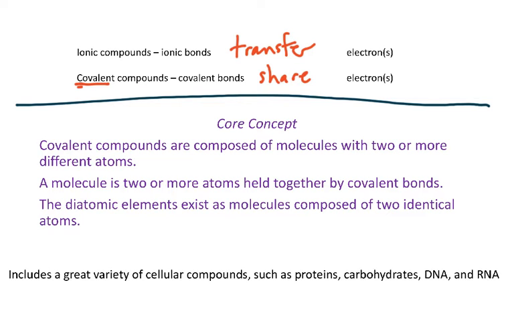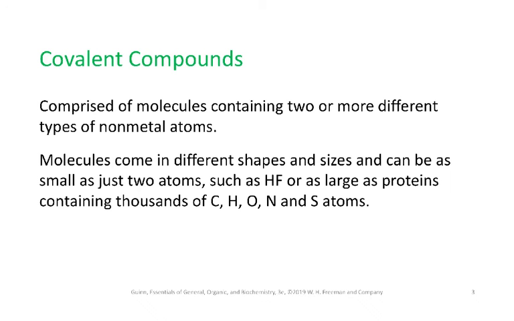So more on that in a couple slides, but this includes a great variety of cellular compounds, proteins, carbohydrates, DNA, RNA. All of these are covalent compounds. They are all molecules held together by covalent bonds. So these molecules, two or more different types of atoms, but here looking at non-metal atoms.